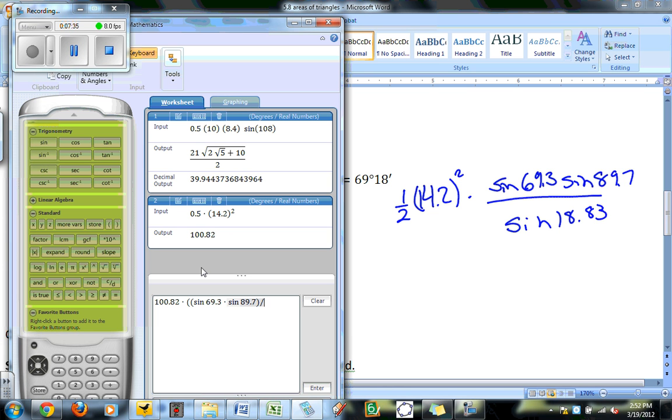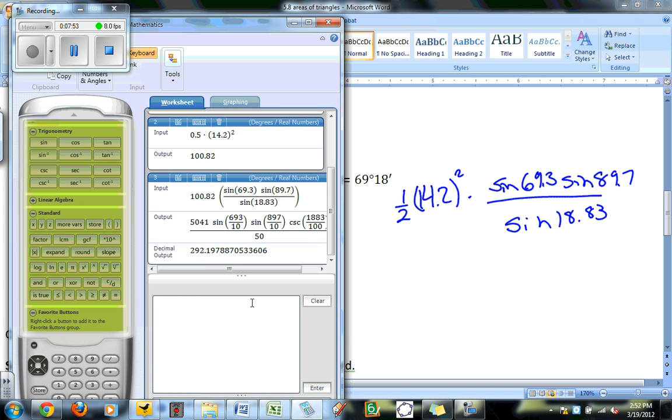And that's going to be divided then by the sine of 18.83. And in case you're wondering, my calculator is already in degrees. I checked that beforehand. So hopefully that works out.